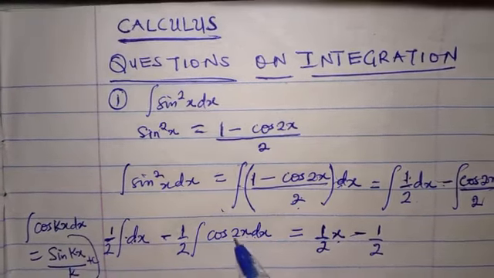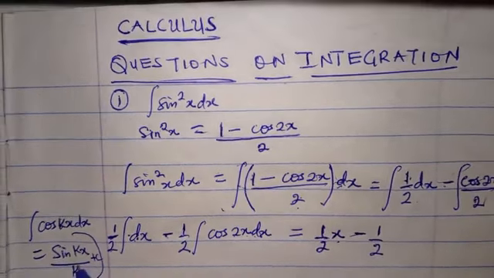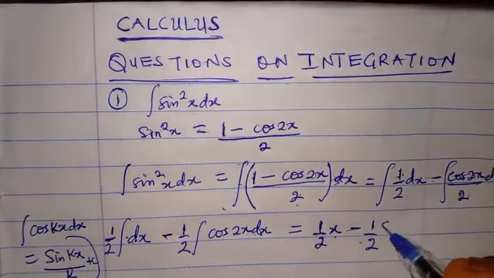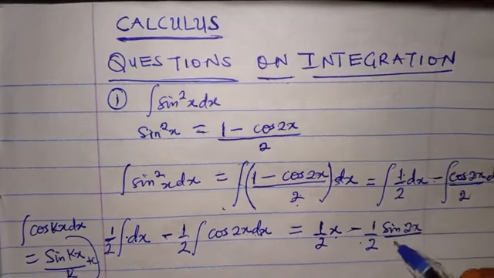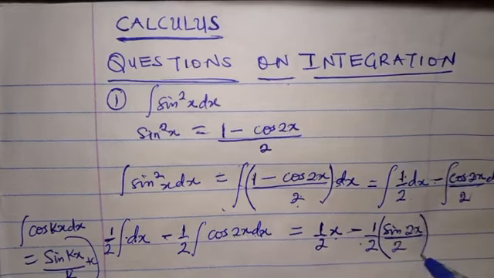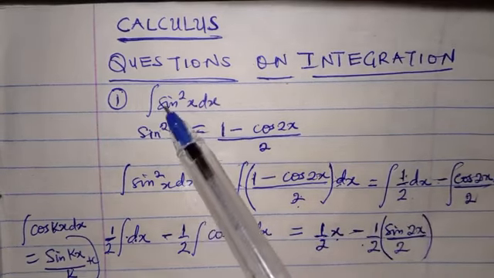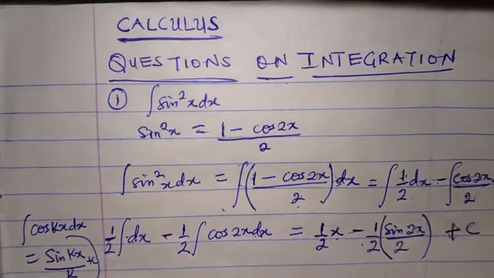So the integral of cos 2x dx will now be, based on this principle, it will be what? Sine 2x all over 2, right? It's actually multiplying the 1 over 2 outside. And since the entire integral is not definite, we'll add the constant of integration to it.